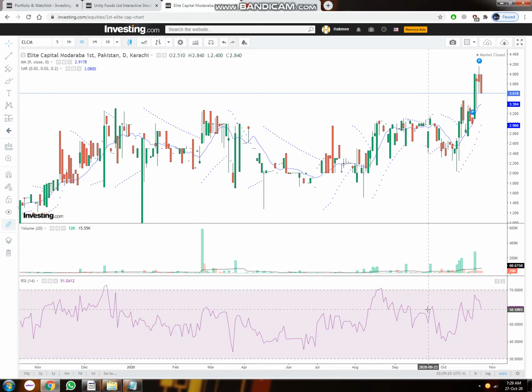Whenever you buy, you will have to buy above the 33 level and sell below the 59 level. Maybe you can wait for it to reach the 59 level and sell above it. In some cases it might reach, but in other cases, sell as it gives you profit.